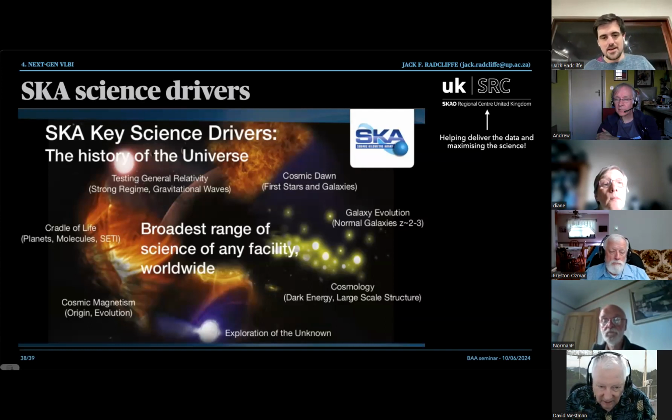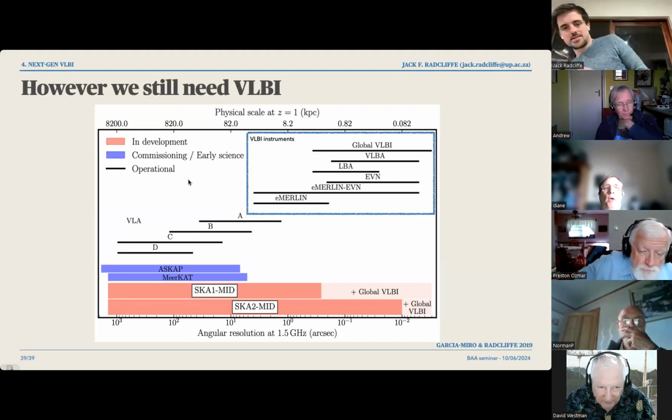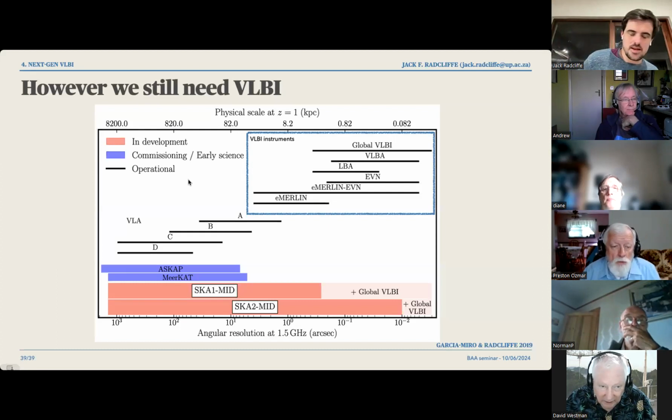Now, you may think, okay, we've got the SKA, why do we need all these other telescopes around the world? That's because the SKA can't do everything. It says it's got the broadest range, but it is not all-encompassing. This is a diagram which shows this. On the bottom x-axis, we've got angular resolution, the resolution you get out of your telescope.